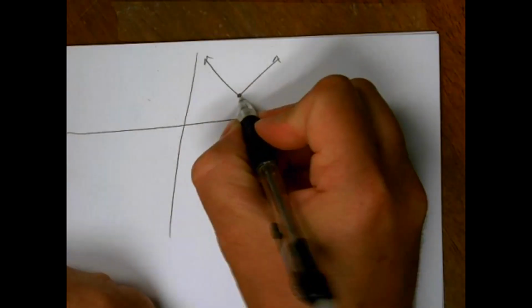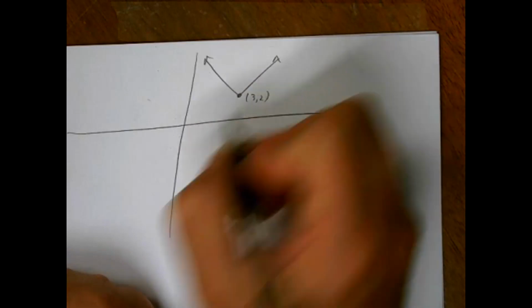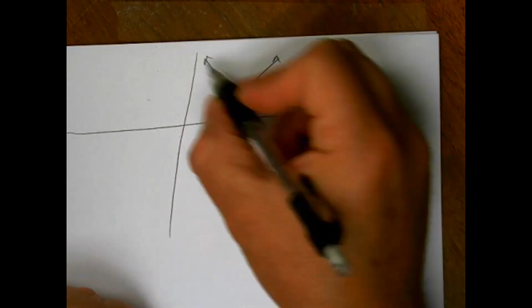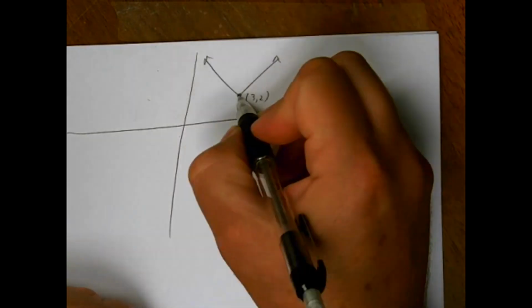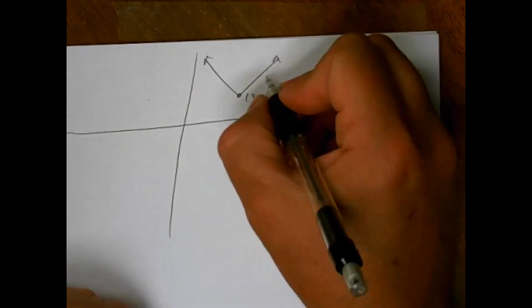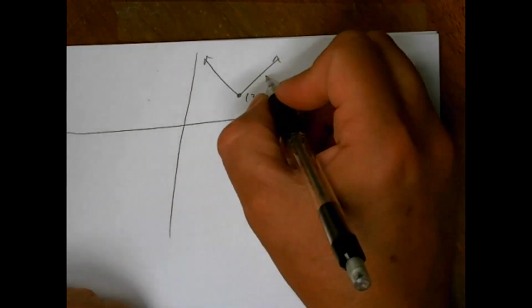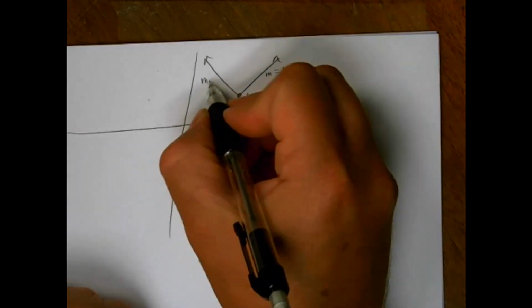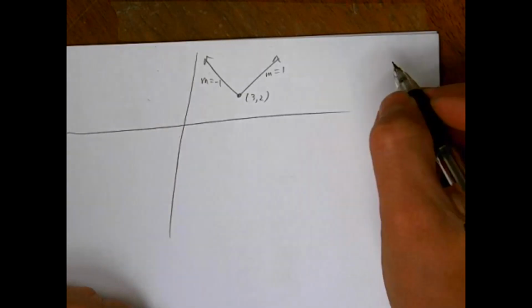Well, let's say it ended up at 3, 2. Well, the absolute value function is basically just two linears joined at this point. The line on the right-hand side has a slope of 1. The line on the left-hand side has a slope of negative 1.